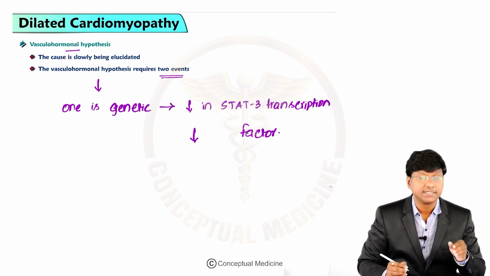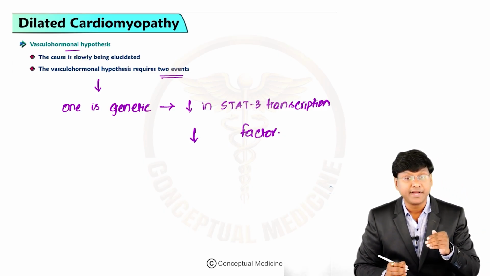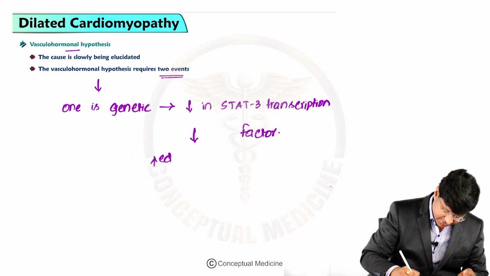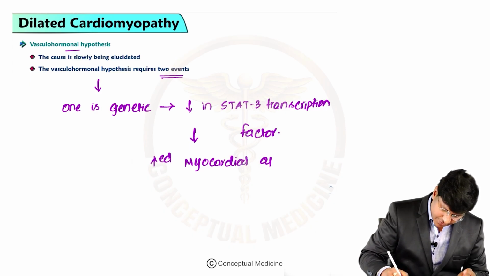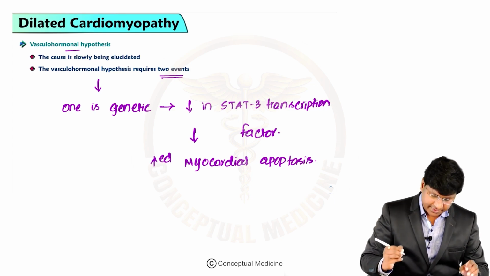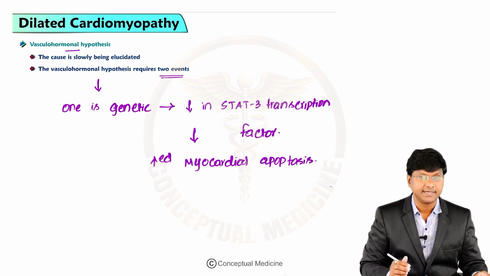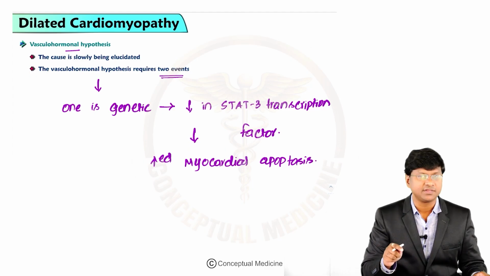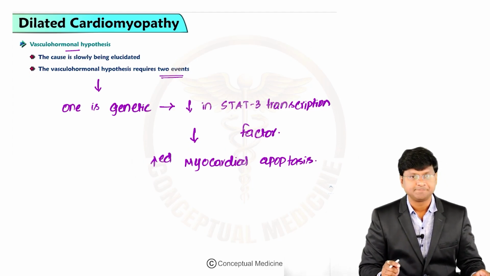Because of this, there will be increased myocardial apoptosis, and that will be responsible for the development of the dilated cardiomyopathy. So this is one of the two hypotheses, that is reduction in STAT3 transcription factor.